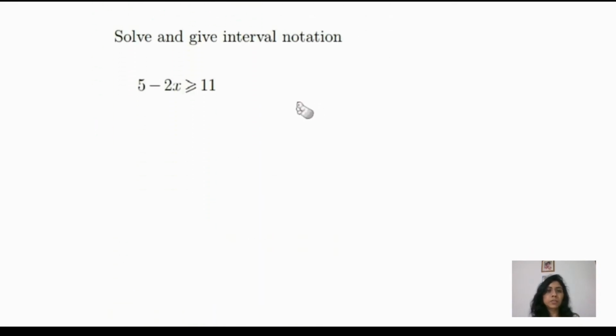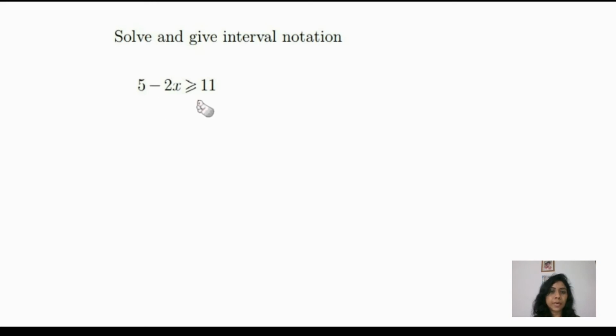Here is the third type: solve and give interval notation. First we have to solve this inequality for x, and then represent it on a graph and in interval notation. Here are a few rules.